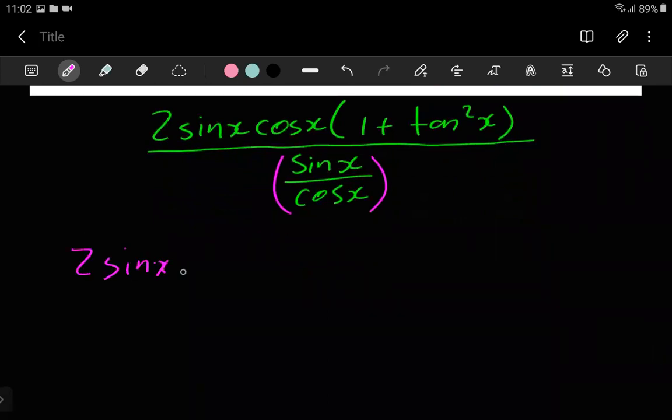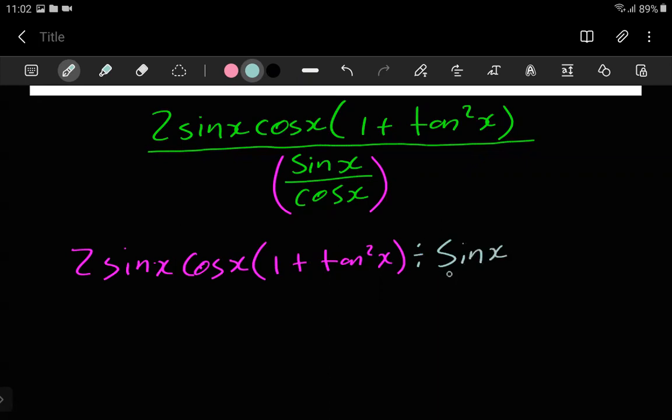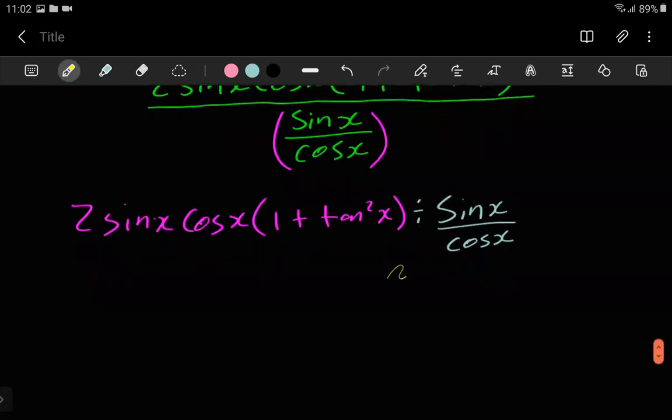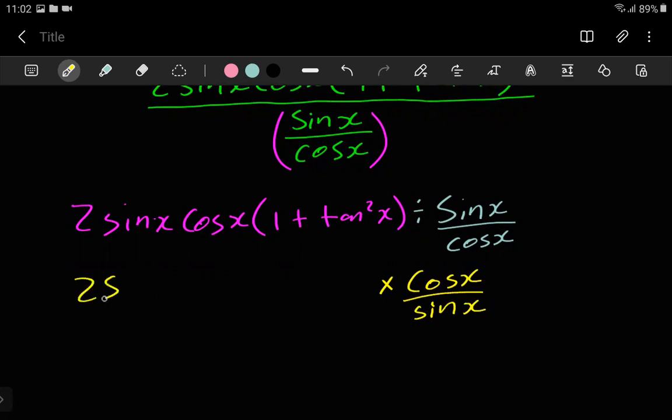You have 2 sine x cos x at the top, and all of this is being divided by a fraction. Anytime you divide by a fraction, you flip it over and then you multiply. So you're going to have 2 sine x cos x times 1 plus tan squared x.